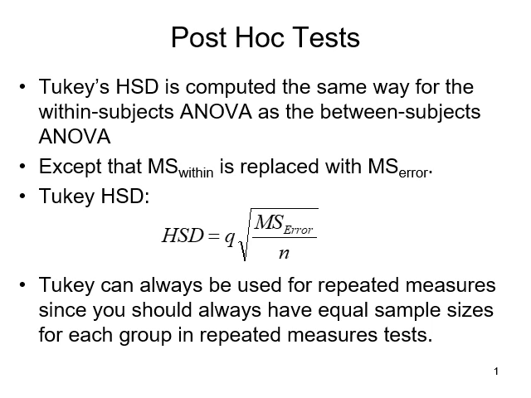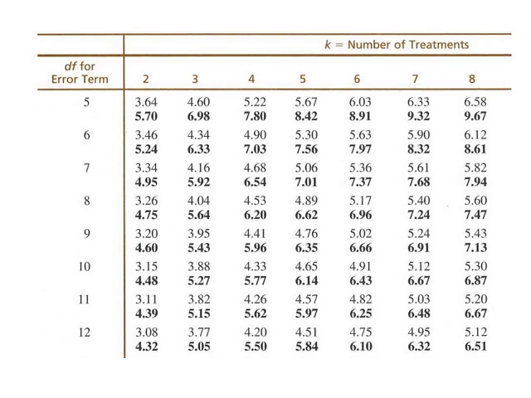So again, Tukey's HSD is Q, a calculated number that we'll get to in a minute, times the square root of the MS of error divided by small n, the number of participants in any one group. So Tukey can always be used for repeated measures since you should always have equal sample size for each group in the repeated measures test, because either they are the same people or they're people that have been matched, which means they should be an equal number in each condition.